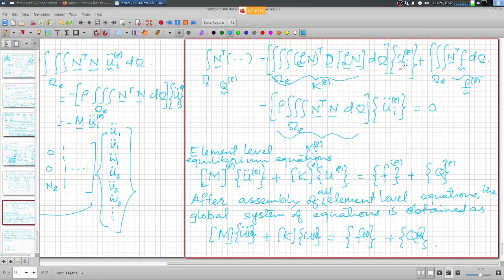By doing this space discretization we end up with these ordinary differential equations of motion in time, and we model this time dependent equation by using finite difference approximations. Right?